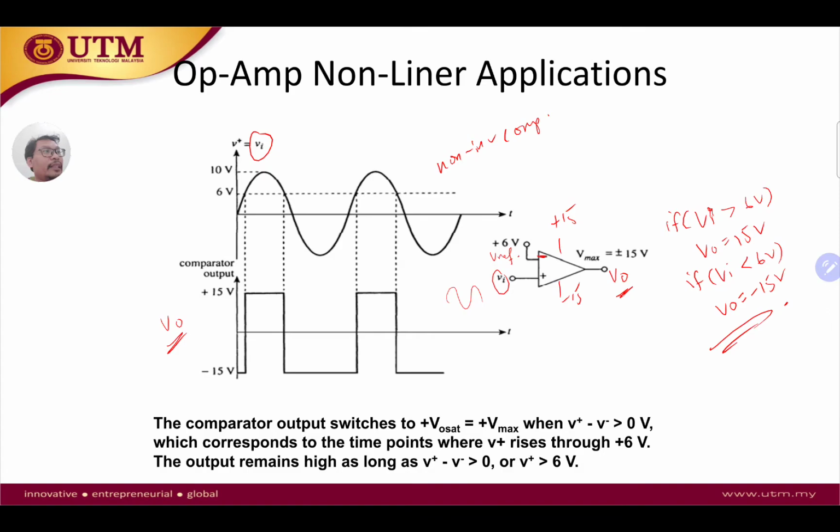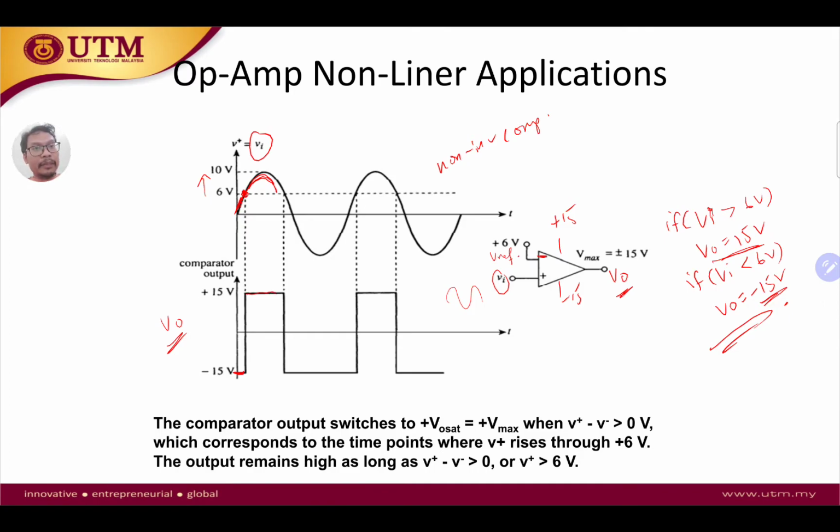So we are looking here at whether Vi is greater than 6 or less than 6. At the moment that our input is less than 6, then our V out is going to be a constant negative 15, as given here. And if we increase our V in to be greater than 6 volts, then our V out is going to be a constant 15.